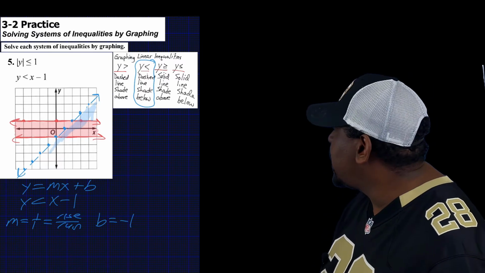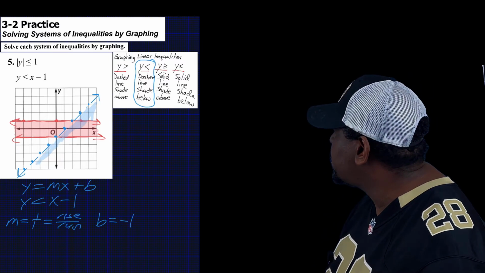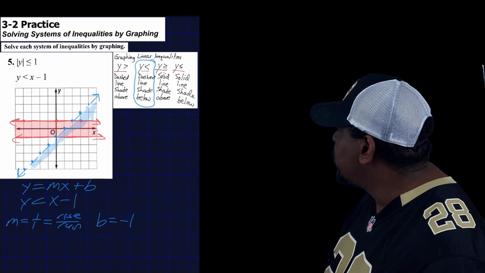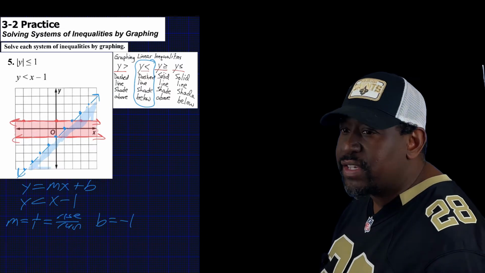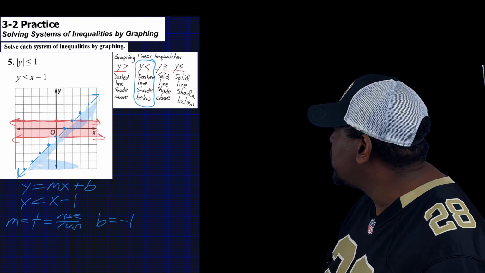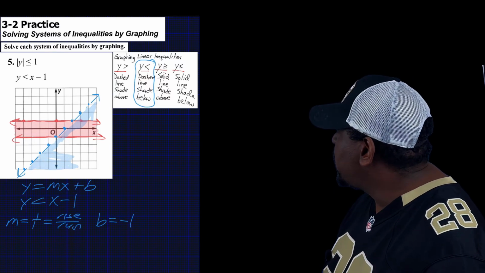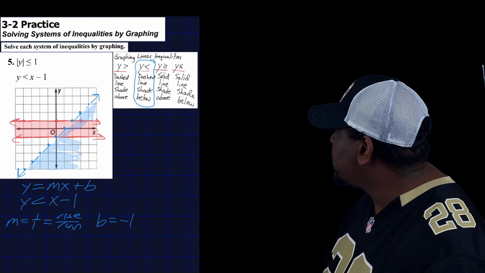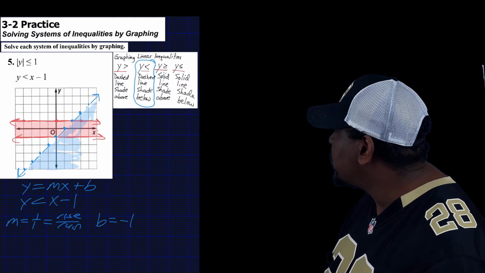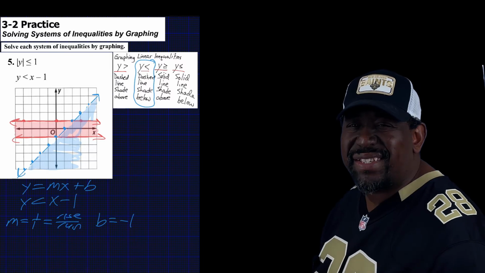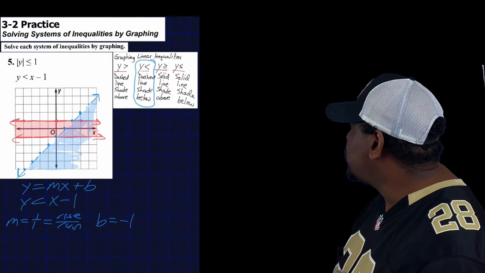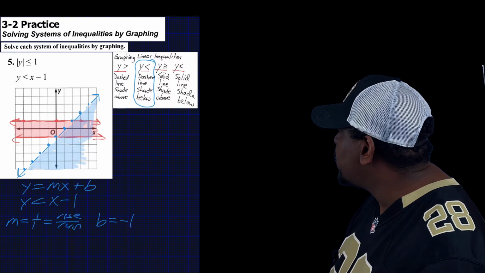And as you can see now, you can see the area that is shaded in red, and you can see the area that's shaded in blue. And again, the NOLA Mathman takes a while to shade. He likes to be very thorough. You don't want to make mistakes in shading, so you've got to be very careful when you shade your region.